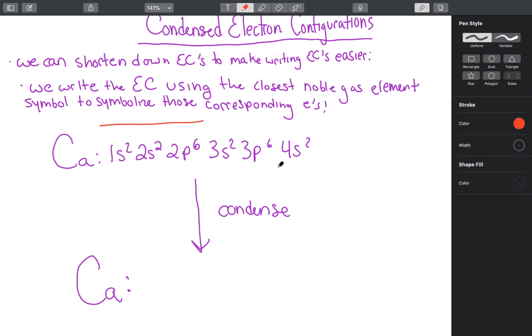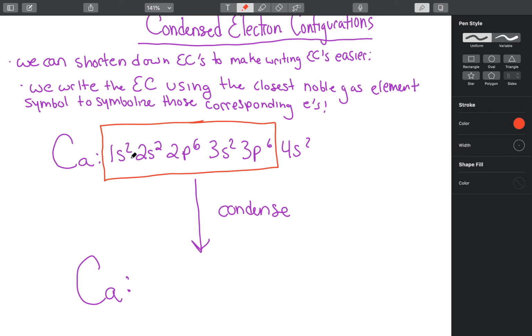So we can basically condense all of these electrons into one elemental symbol. This particular electron configuration in the red box corresponds to one of the noble gases. And that particular noble gas is argon.